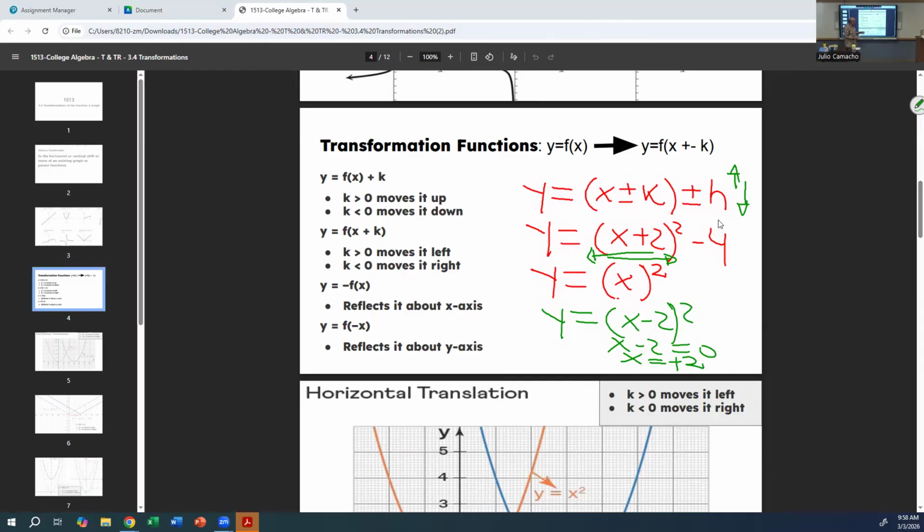That means the whole thing went 2 spaces to the right over the x-axis. And then if you have this number, after you move to the right 2 spaces, if it is a positive number, you have to go up as many spaces as the number is. And if it's a negative number, you go down as many spaces as the number is. So everybody got that? Any questions so far?